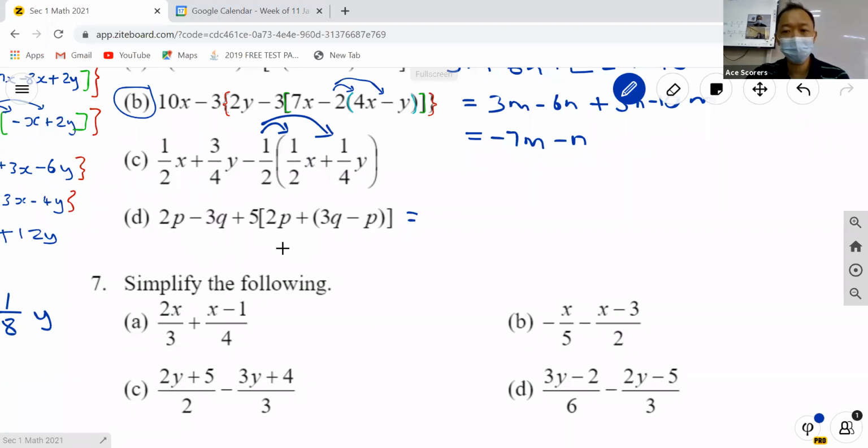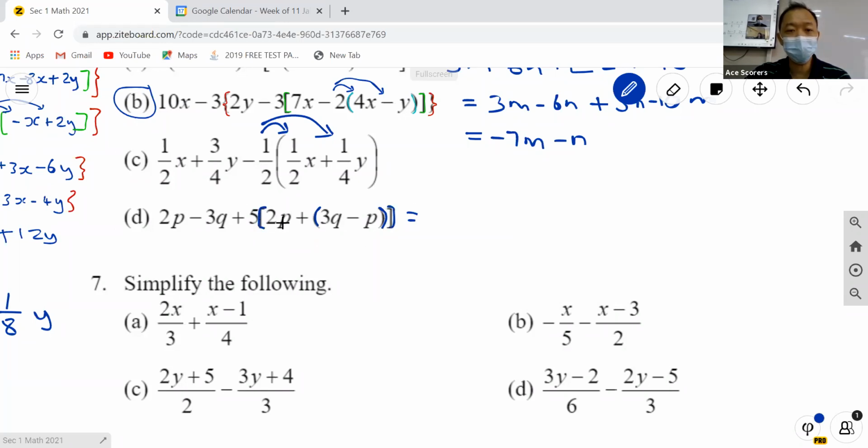Okay, so let me do D. What you do is we look at the bracket. As I mentioned, this is the first level. There's nothing inside to evaluate. This is 3Q minus P, so I can't do anything. So I will just write out the whole thing. Then I will evaluate the next level of bracket, which is the square one.